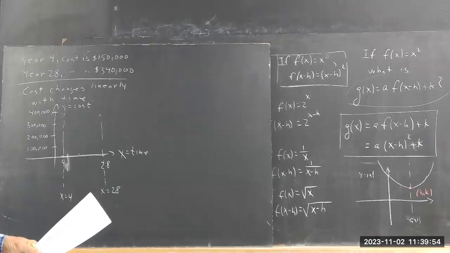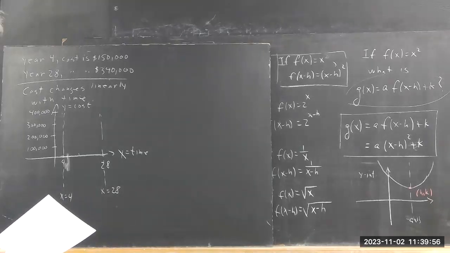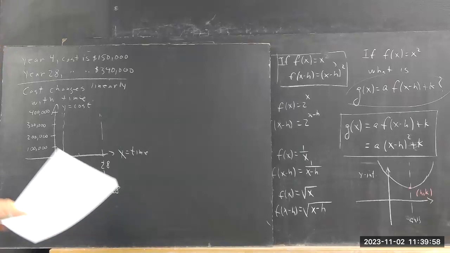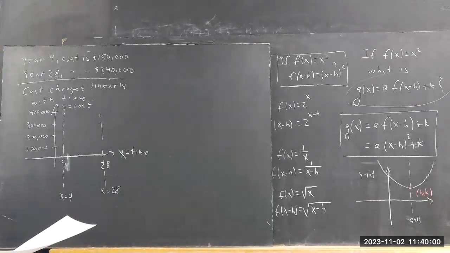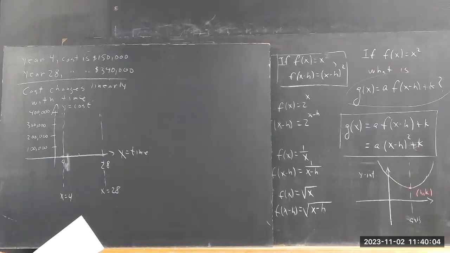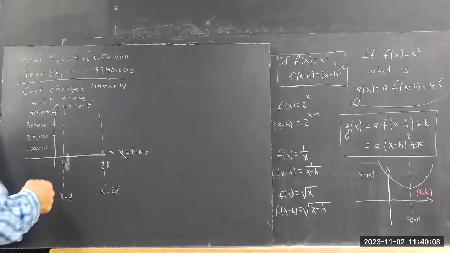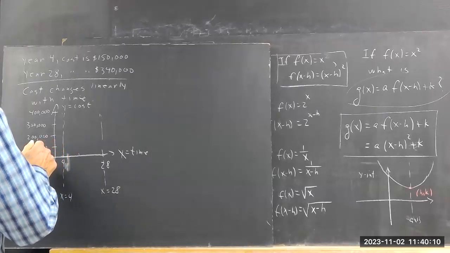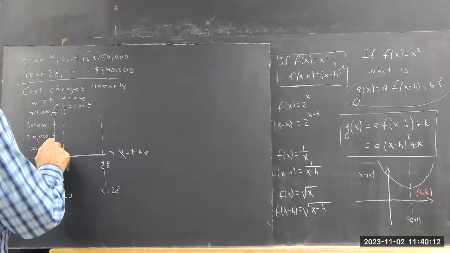But an approximate graph, a quickly drawn graph isn't going to give you accurate results, but it's going to give you a plausibility test for your solution. So I would recommend we do this. Anyhow, the cost in the first year is 150,000.